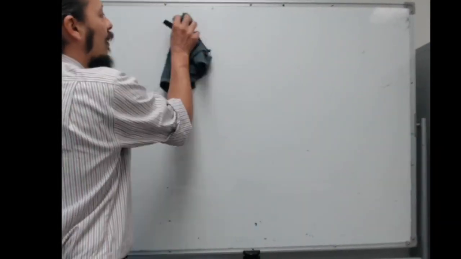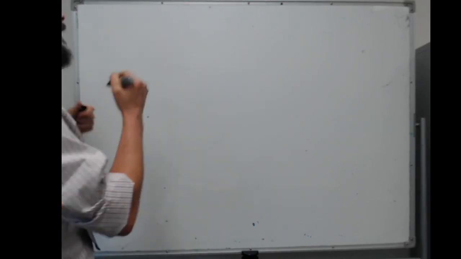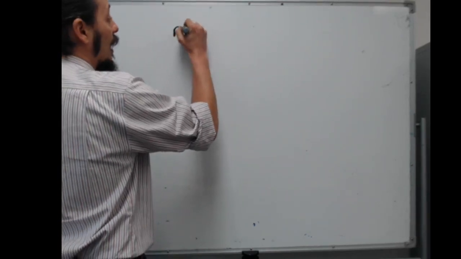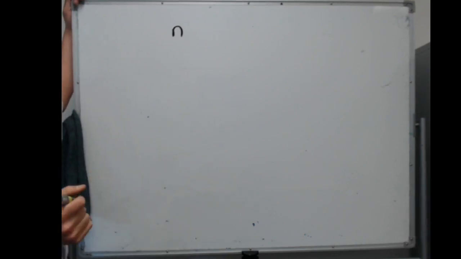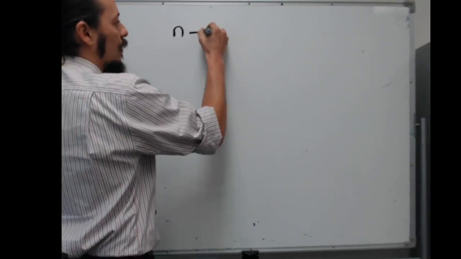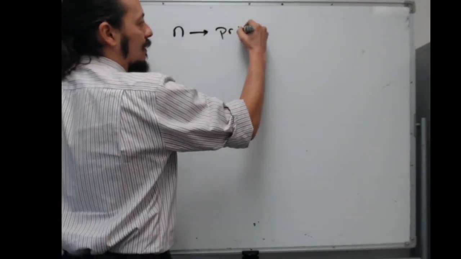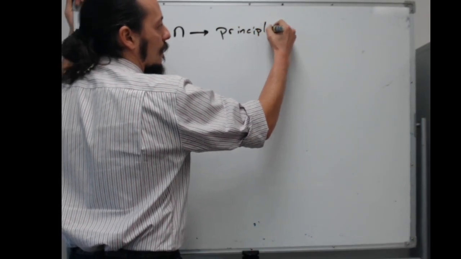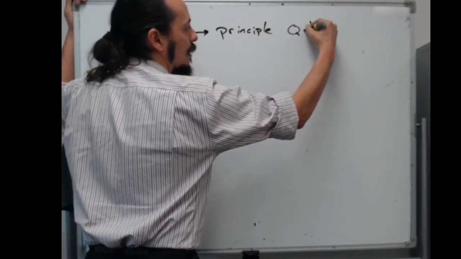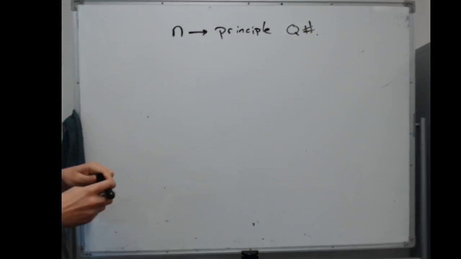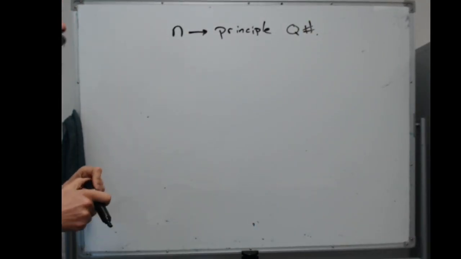We've already started talking about the first quantum number, even though I didn't entirely mention that we were talking about a quantum number. That is going to be the number n, which is referred to as the principal quantum number. I'm going to use Q hashtag for quantum number, or Q pound sign for you older folk.